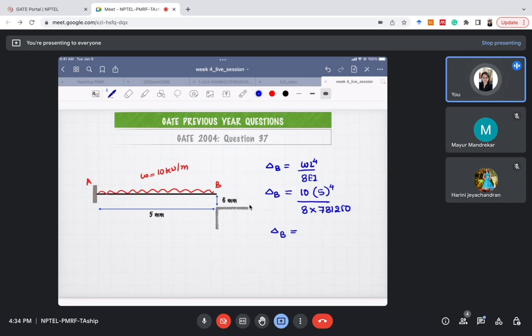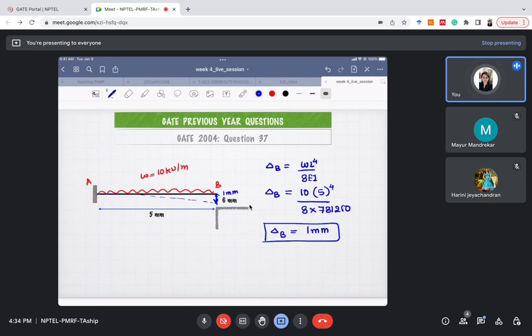Please tell me what is the value of delta B we are getting. 10 into 5^4, great. So delta B we are getting as 1 millimeter. The deflected shape will be something like this, and this delta B is 1 millimeter.